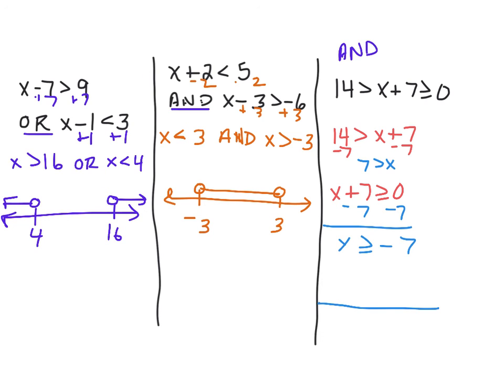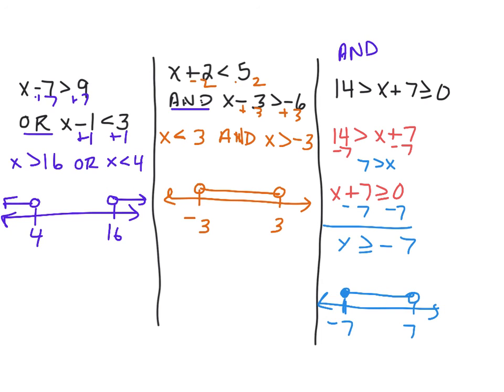So as I put those on the number line, I want to make sure, again, I put them in order. Negative 7 to the left and 7 to the right, and I expect those to be connected. I should have a closed circle to an open circle.